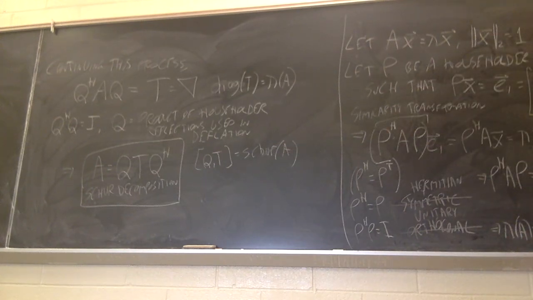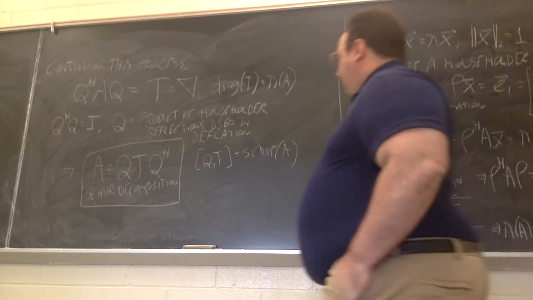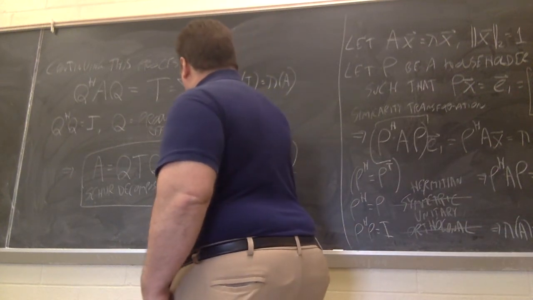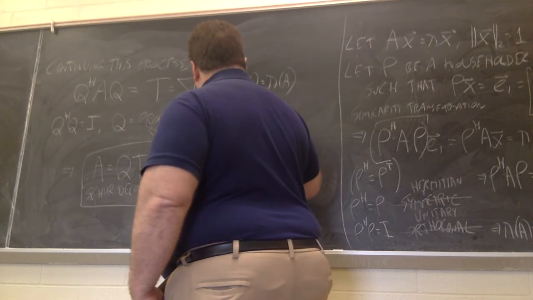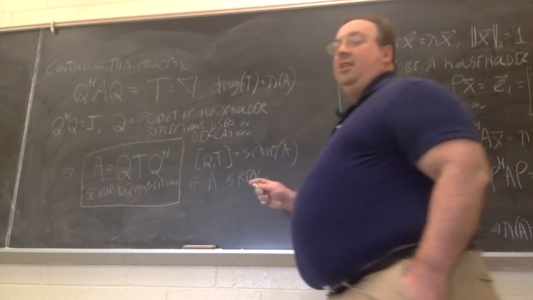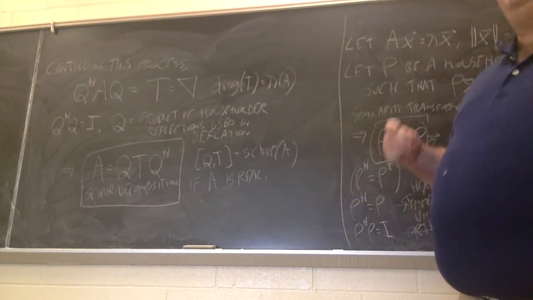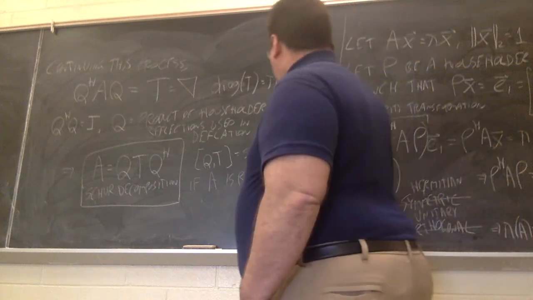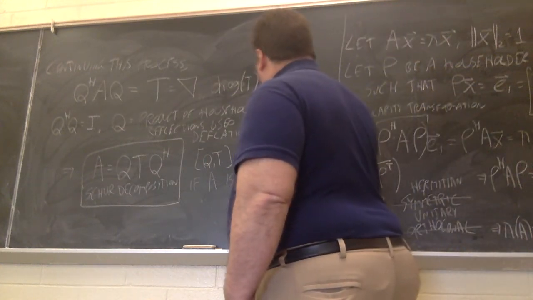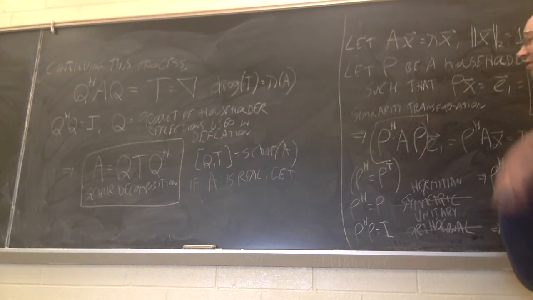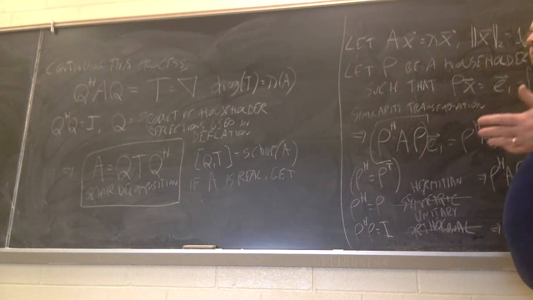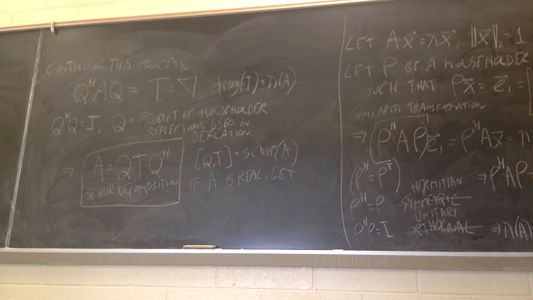Although I should mention, the way the Schur decomposition works is, if A is real, now a real matrix will generally have complex eigenvalues. But if you give the MATLAB function a matrix that's all real, it's going to return Q and T that are also all real.